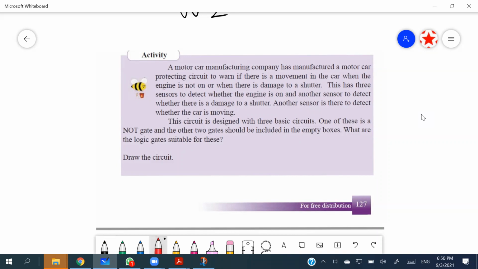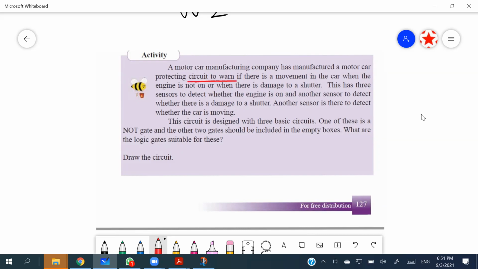First of all, we have to determine what the inputs and the outputs of this scenario are. It says a motor car manufacturing company has manufactured a motor car protecting circuit to warn if there is a movement in the car when the engine is not on, or when there is a damage to a shutter. So what is going to be the output? The warning, right?